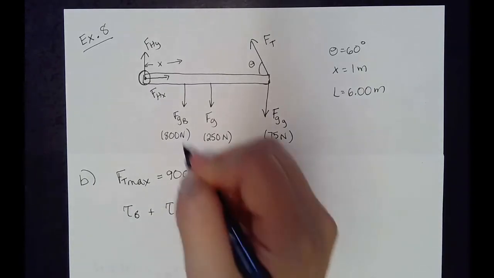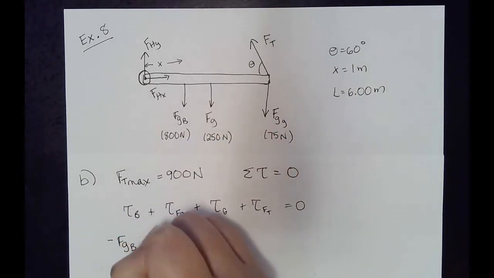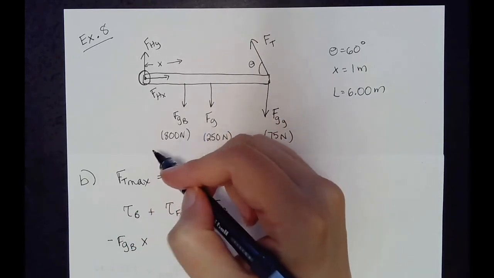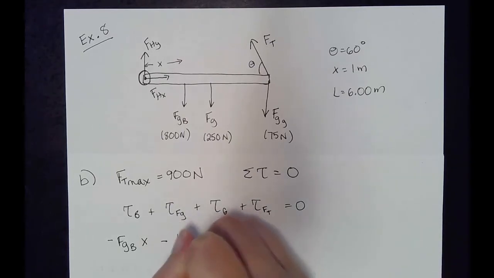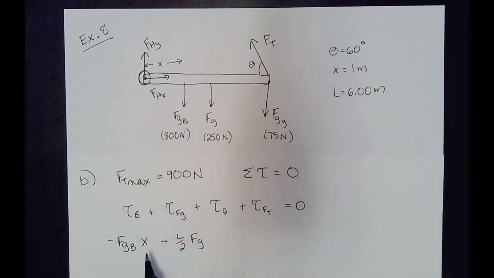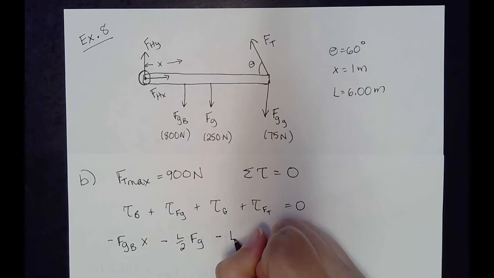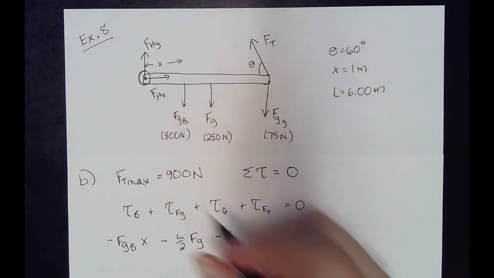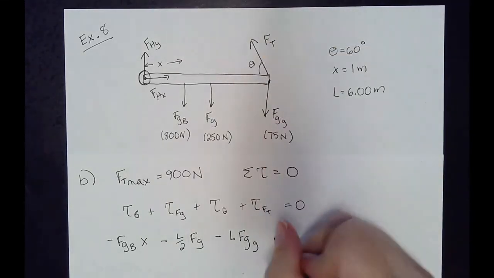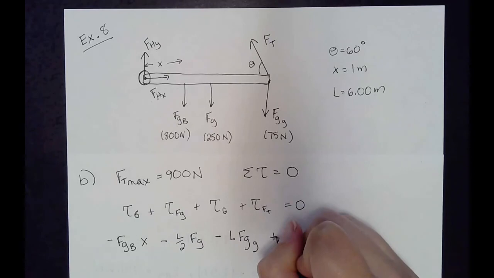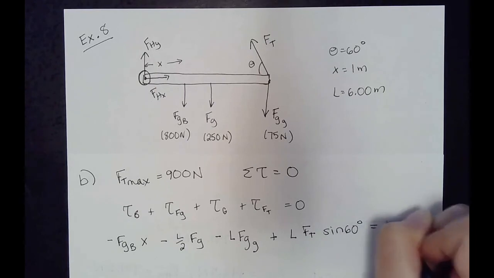All right, so the torque due to the bear is negative Fg of the bear times x, negative because it's clockwise again, same as in the last part, and then minus L over 2 Fg. These are both perpendicular, so we have sine of 90, which is equal to 1, minus L, since it's at the end here, a distance of L from the pivot, times Fg of the goodies. And then we have our positive tension torque, the same as in part A again, so plus L Ft sine 60 equals 0.